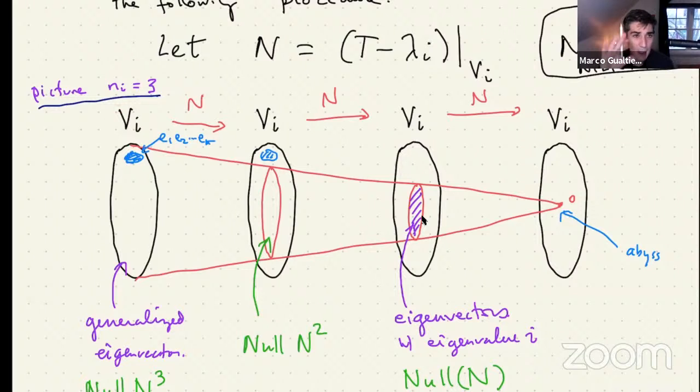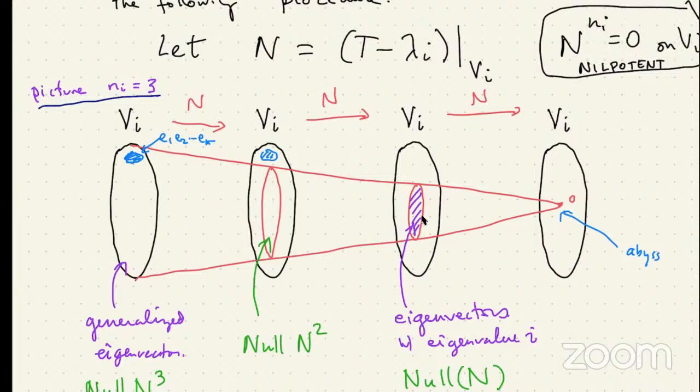So you get natural flags on your vector space coming from the operator. And in the choice of basis, we're choosing the basis so that it's adapted to the flag. That's really cool. Yeah, because in Axler chapter 8.2, you get a sequence of increasing null spaces.